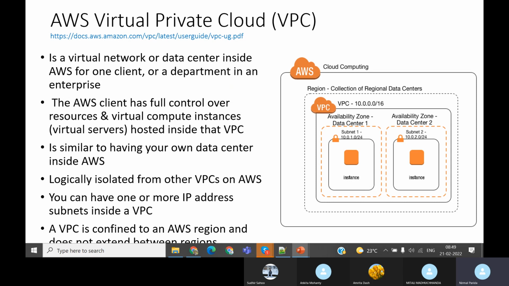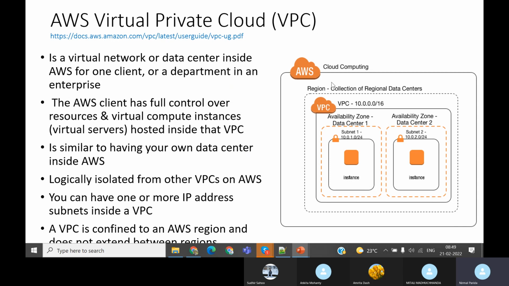VPC is the service where you can set up your own network. This is a virtual network or a data center inside AWS for one client or a department in an enterprise. The AWS client has full control over your resources and virtual compute instances hosted inside the VPC. This is similar to having your own data center inside AWS.